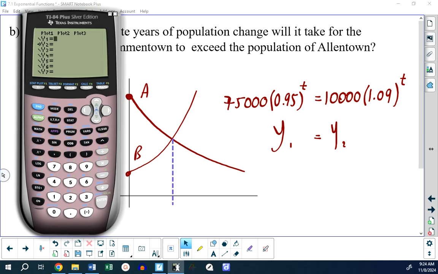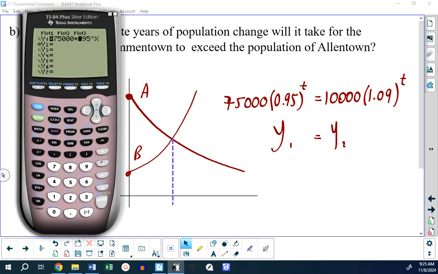So what do we have going on here? 75,000 times 0.95 raised to the x. Well, I didn't really mean to put that. You don't need brackets around the 0.95 because your calculator knows the order of operations is you do the exponent and then you multiply.